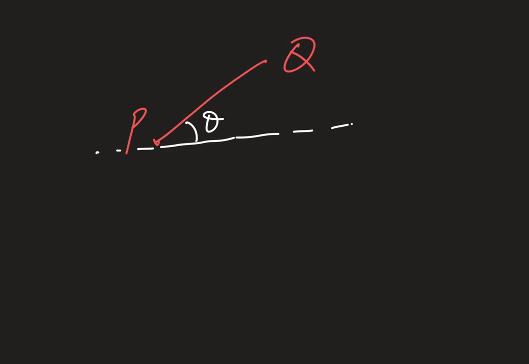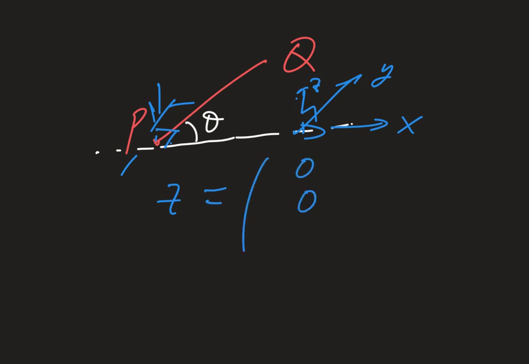We have found this vector PQ. And let's say if this is a horizontal line, Z is here. So the vertical direction Z, the normal of the horizontal plane, is equal to 0, 0, 1. Correct? 0, 0, 1, your unit vector.